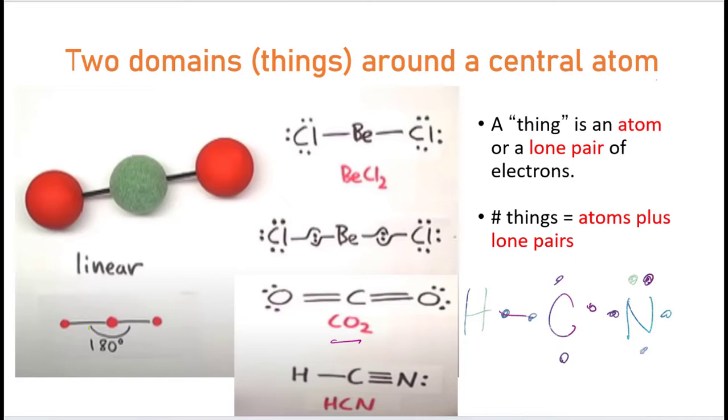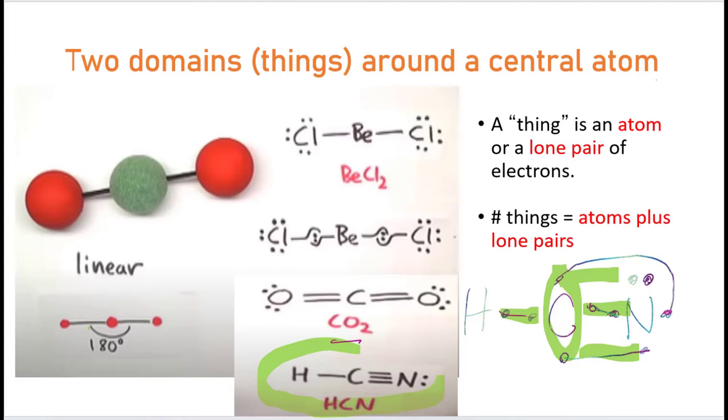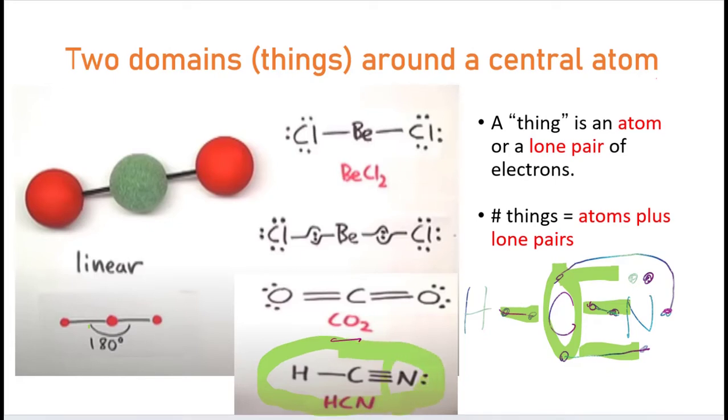Now this guy, we can see that'll form a bond. This will form a bond. And while, yes, it is sloppy, right here it will rearrange to form that bond. So we can see that this carbon, the central carbon, has a triple bond to nitrogen and a single bond to hydrogen right here. And because there are 1, 2 things around it, it is a linear compound.